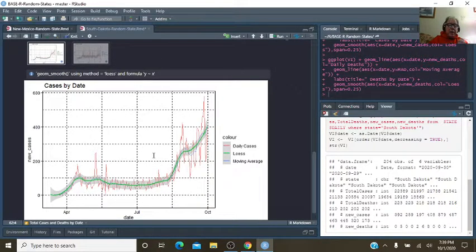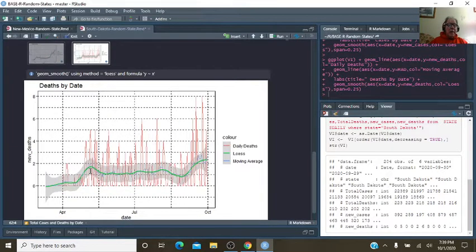You can't actually see the moving average anymore because it's pretty much covered up by the loess function. But what you can see here is the loess function is definitely showing a spike in cases. Deaths are a little flatter, but you can see here the last few weeks they've also had a spike in even deaths.